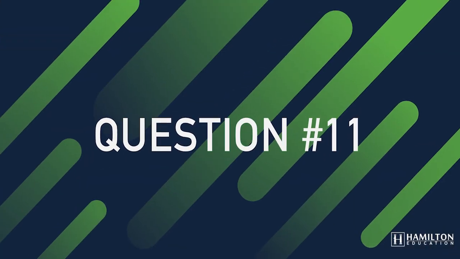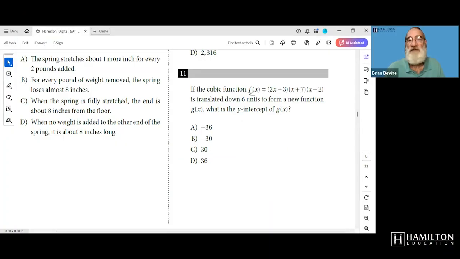Question 11. In the cubic function, f of x equals the product of 3 linear factors, 2x minus 3 times x plus 7 times x minus 2. If that is translated down 6 units to form some new function that we'll call g, we want to know, what's the y-intercept?